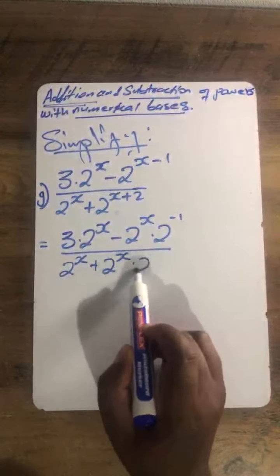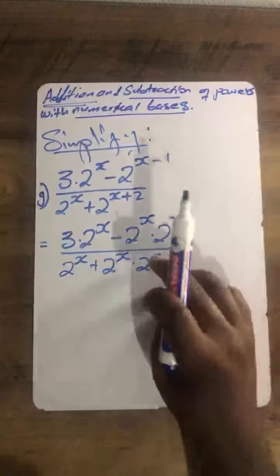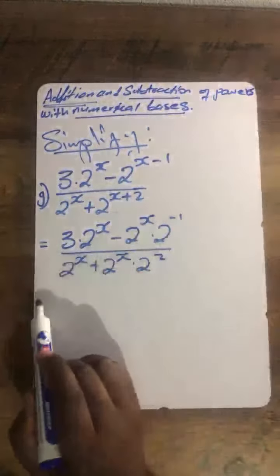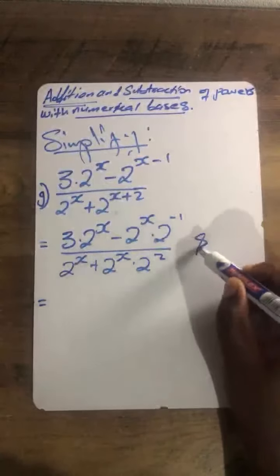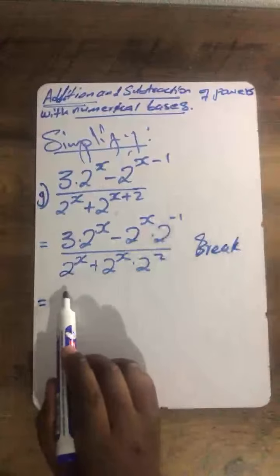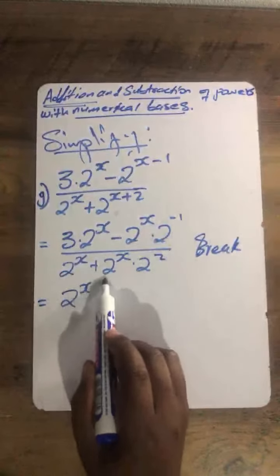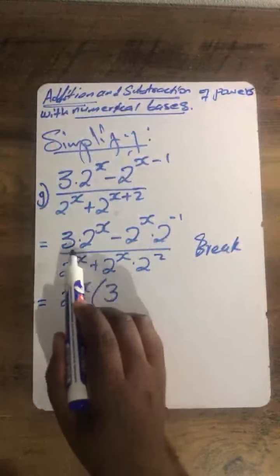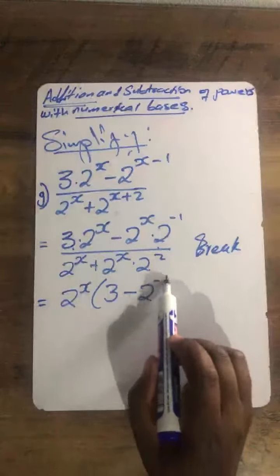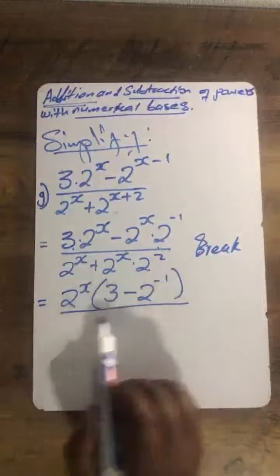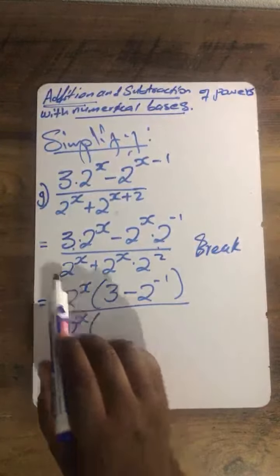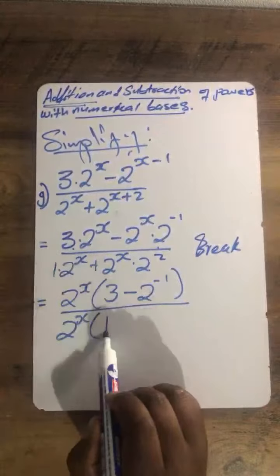Can you guys see what I did there? It was just to break. Now I need to factorize. So you take out that as common factor, you remain with that 3, and then you remain with that 2 to the exponent -1 over, you can also take out that as common factor, then you remain with an invisible 1.